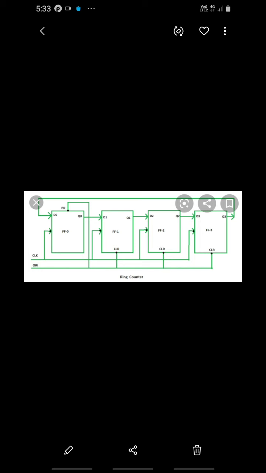But the circuit differs because the final output is connected back to the D0 input. This kind of action is called rotate right. Bits are shifted right and connected back to the input.